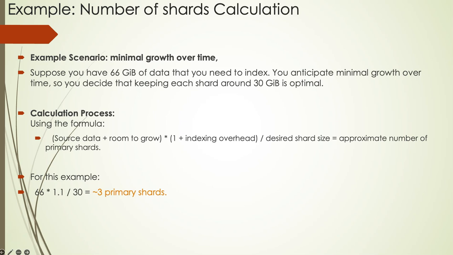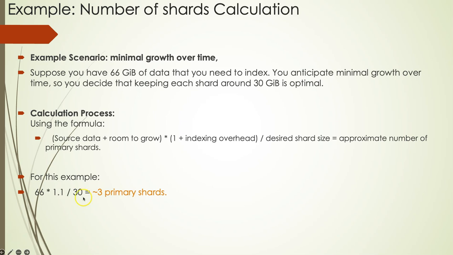Because it's a write heavy workload. So now let's calculate how many shards you need for this setup. As we know, the source data is 66 GB, and room for growth is minimal, so we are not adding any additional data there.